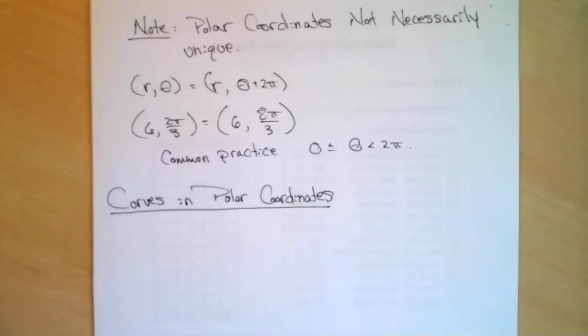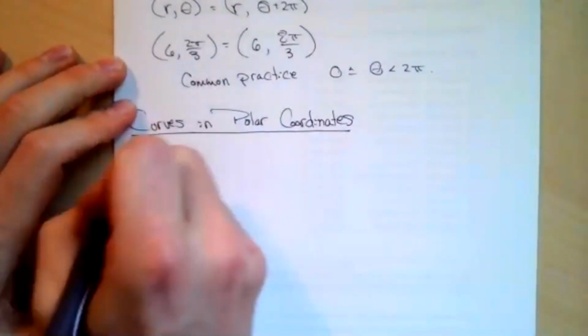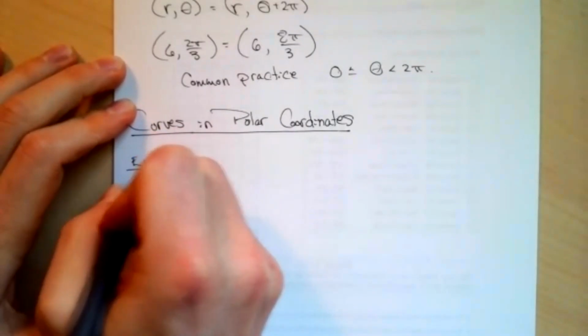So how do we do curves in polar coordinates? This can get a little tricky, and just like parametric equations, it takes some practice. So it's worthwhile to just try to plot all the functions you're given in any problem and try to at least make sense of why the plot matches the equations. So for example, let's start off with some of the basics.